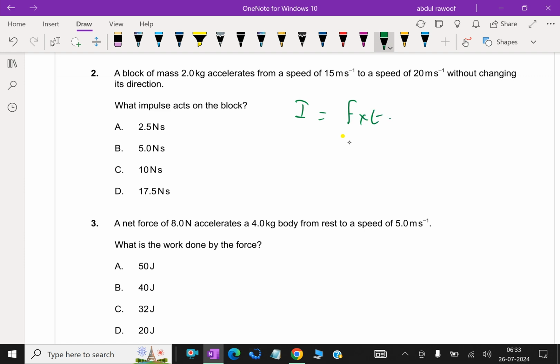Now we know that mv, mass into velocity, is here 2 times final speed minus initial speed. Equal to 10. So this is 10 Newton second. Option C.